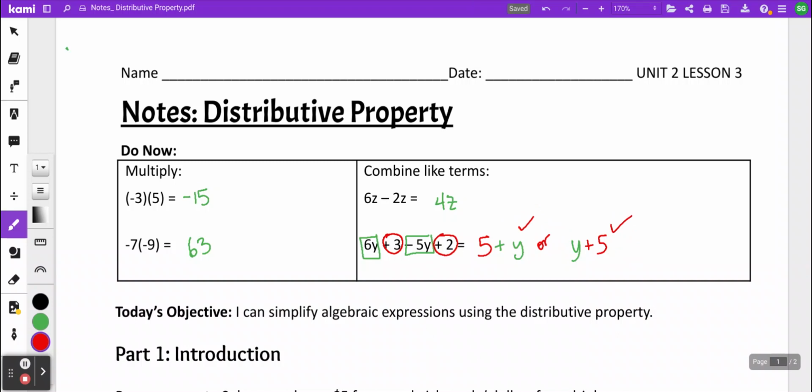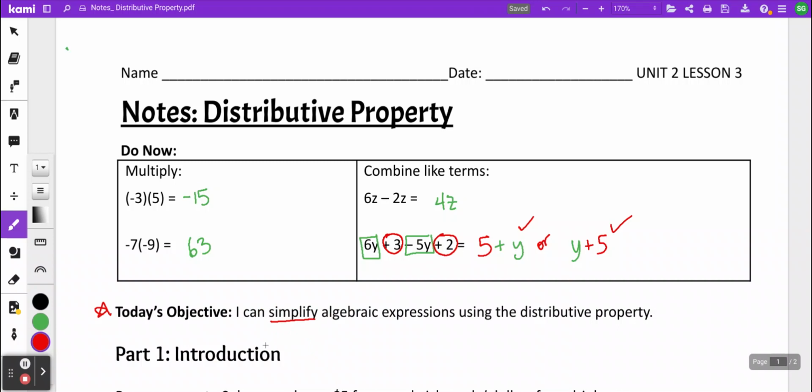We're going to do a lot of multiplication today and simplifying, similar to the work we did yesterday with combining like terms. This lesson on distributive property also talks about how you can simplify expressions. Our objective for this lesson is I can simplify algebraic expressions using the distributive property. We've used this word simplify a lot in math.